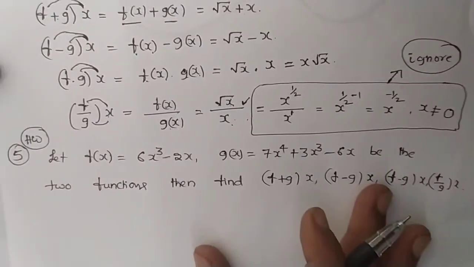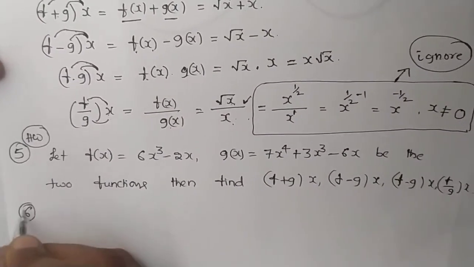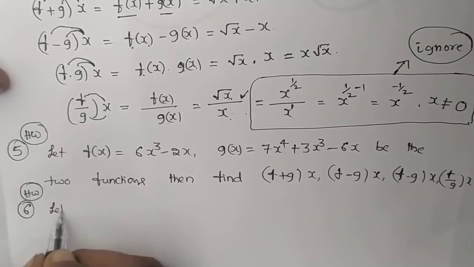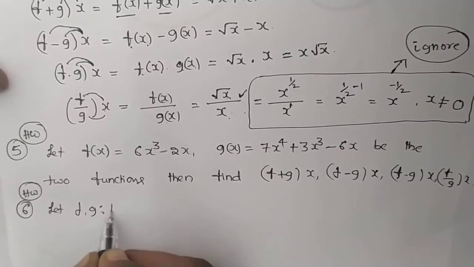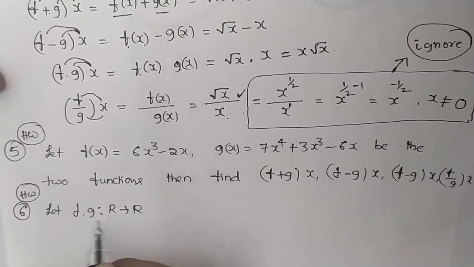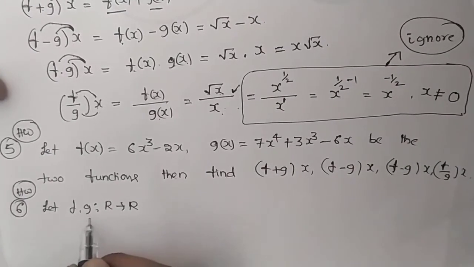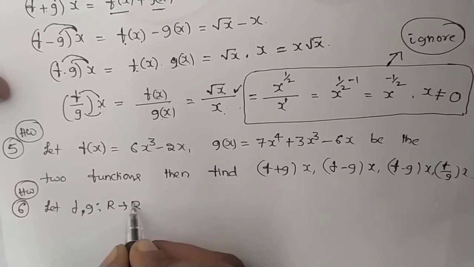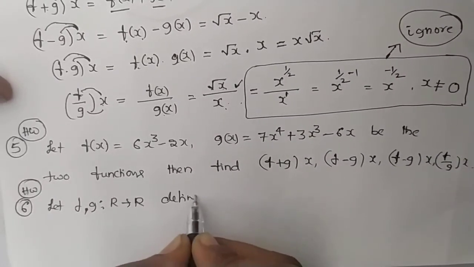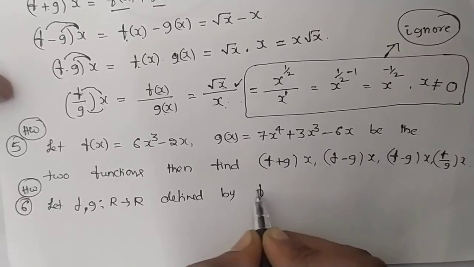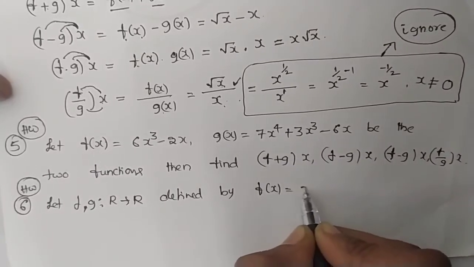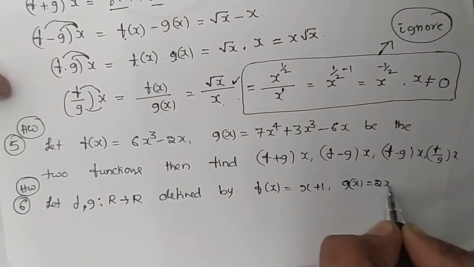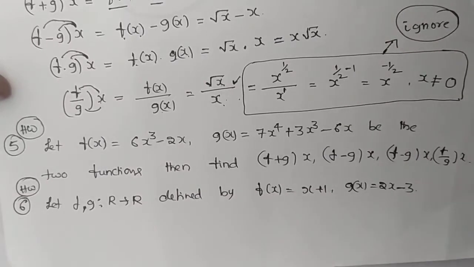Kindly write down one more problem. That problem is also homework for you. Let f and g be functions from R to R, that is, both f and g are real functions, defined by f of x equals x plus 1, g of x equals 2x minus 3.